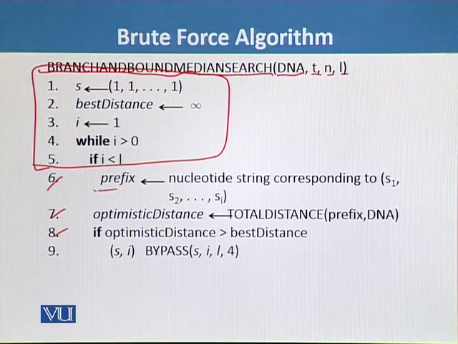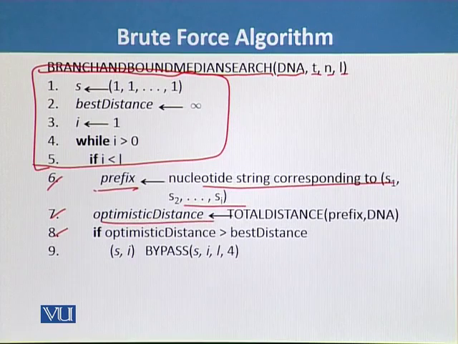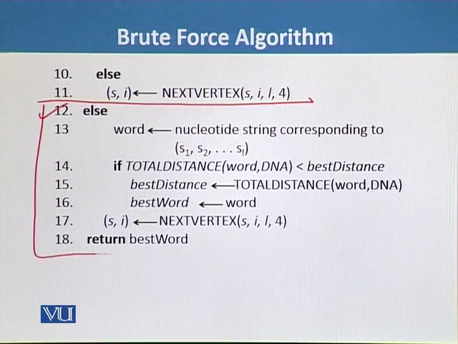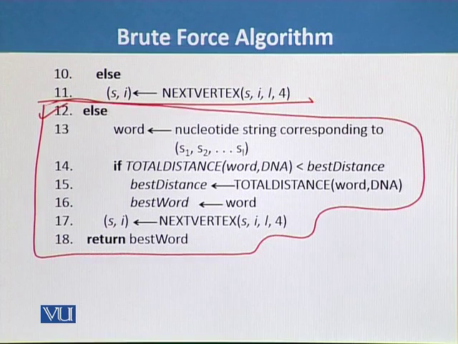From step number 6, we assign the prefix, that is the nucleotide string, then the optimistic distance. We have already seen this type of algorithm in the previous algorithms, step number 9 up till step number 11. From step 12 onward, all these steps are the same steps we have seen in the previous simple median search algorithm.